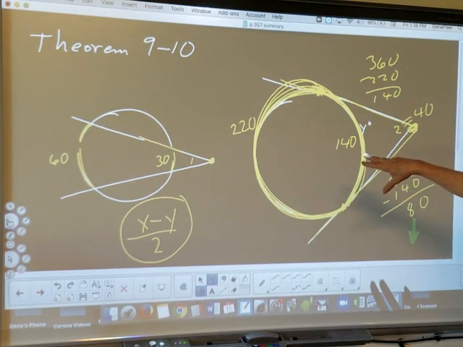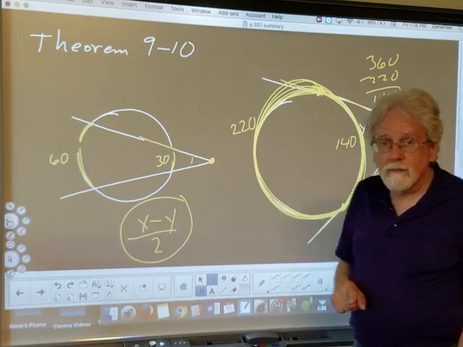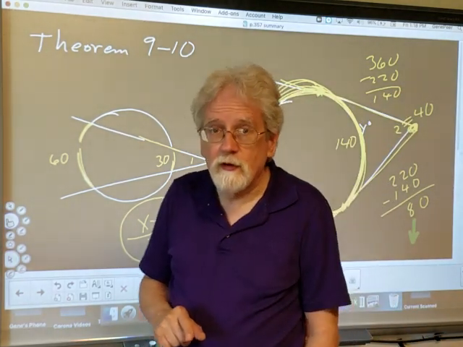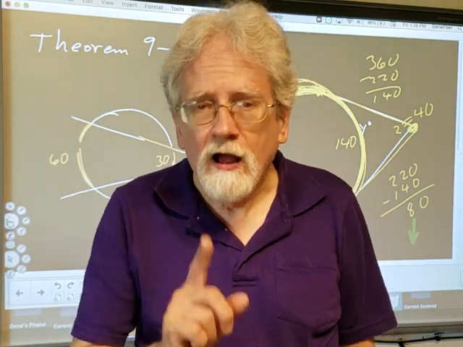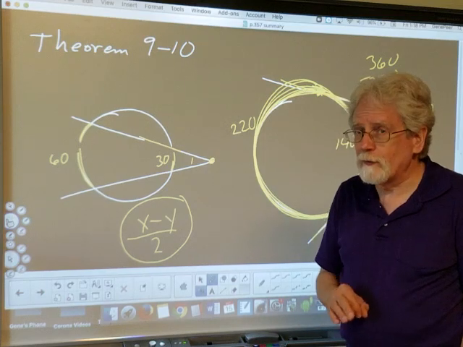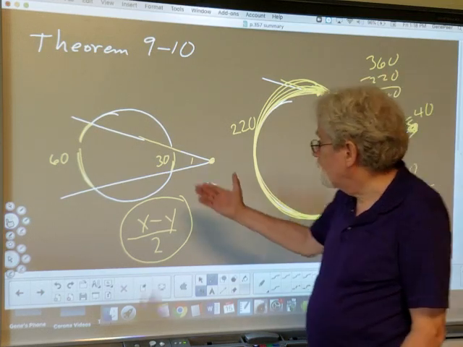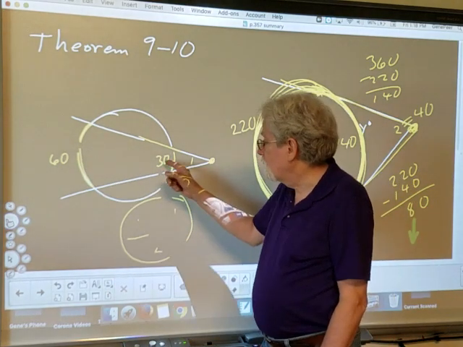You might want to back up the video a little bit and pretend you didn't see the answers and try that on your own. By the way, on the homework, I will reject your paper if you just give me answers. I want to see the steps you followed to get those answers, regardless of how simple those steps may have been. For instance here, it's not very complicated. 60 minus 30, take half.